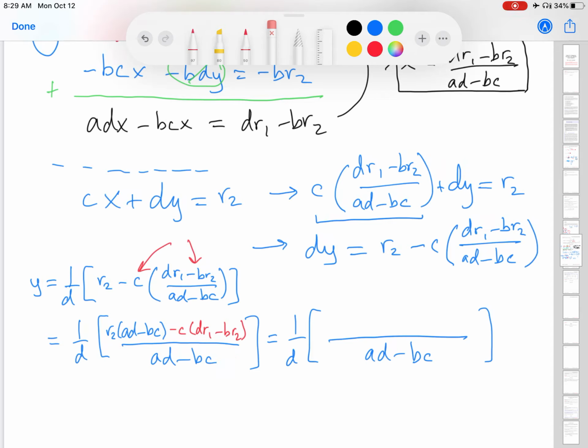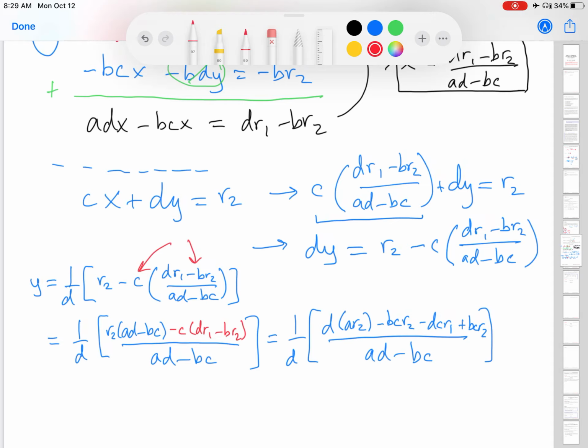Great. So let's continue multiplying things out here. So I get D times AR2, okay, that's this first term, minus BCR2, and then minus DCR1 plus BCR2. So I've multiplied out the numerator.